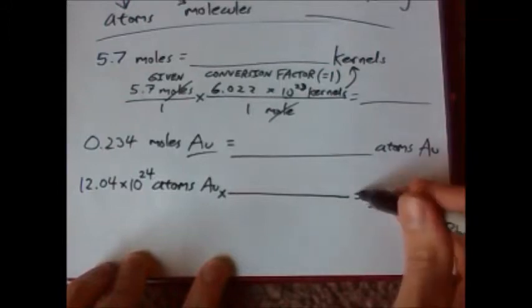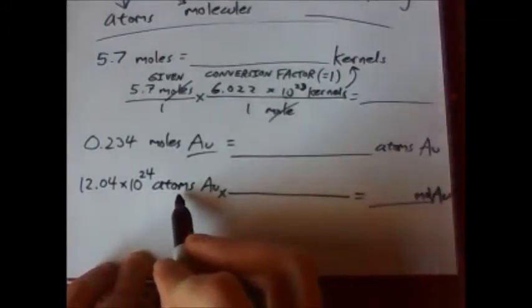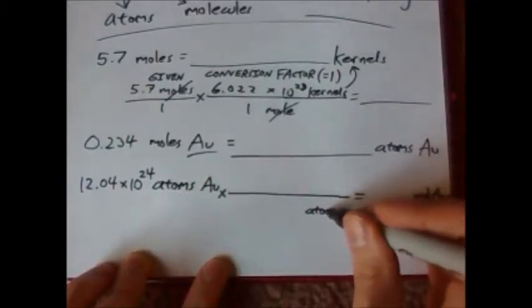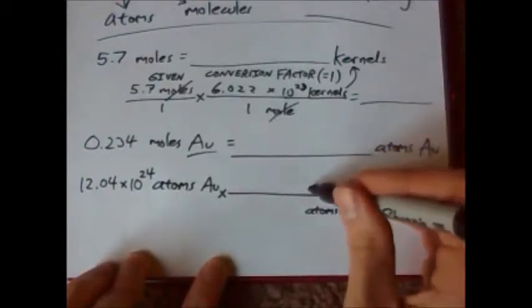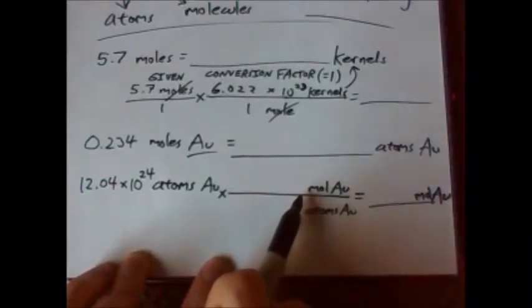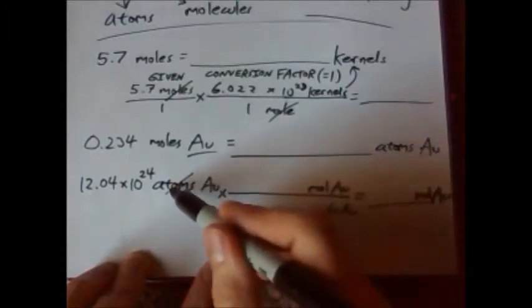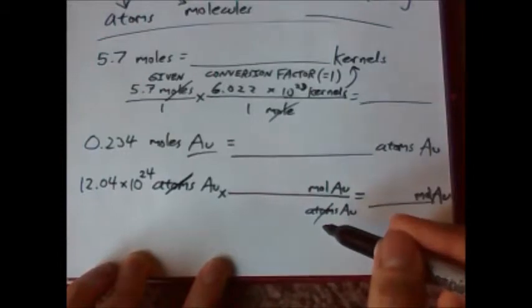I'm going to divide this time by Avogadro's number, because whatever unit is there in the given, we want to write that on the bottom of the first conversion factor, and we want the goal units of moles to be on the top. So what we were given at first cancels out, atoms cancels out.